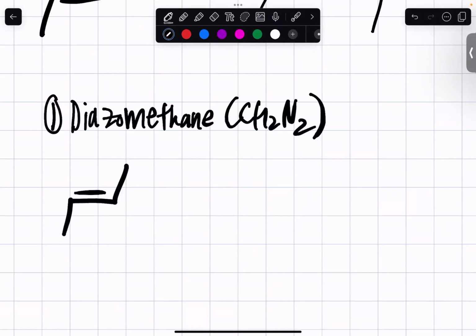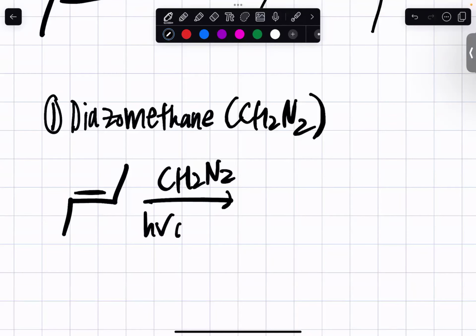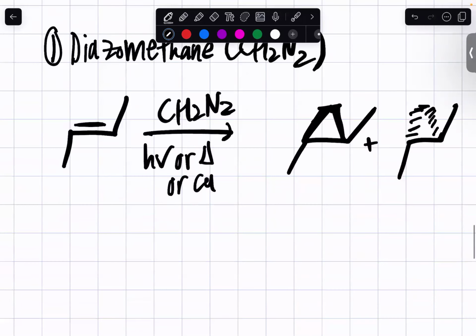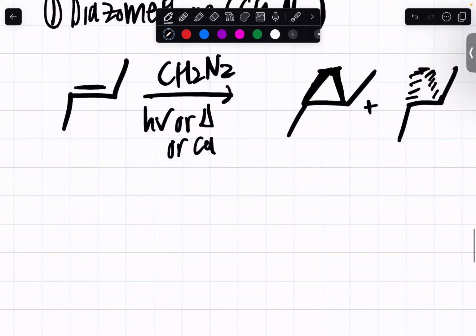Let's say we have this alkene right there, and we put that through diazomethane, CH2N2, under light or heat or some kind of metal like copper. This is going to create a cyclopropane ring, either that or this, right? So here's the mechanism. CH2N2 looks something like this.